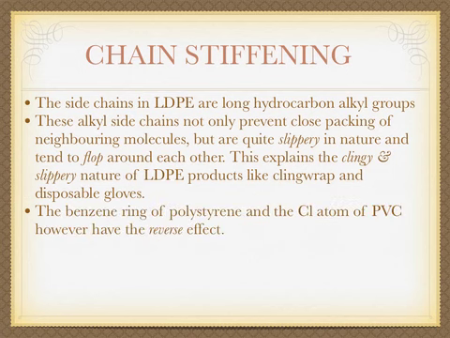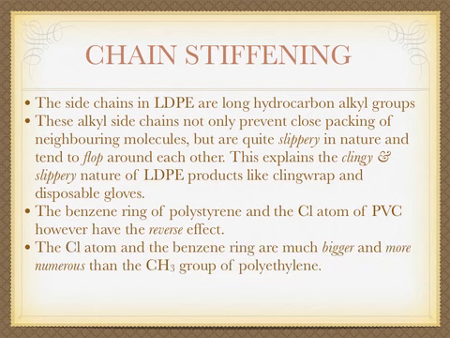However, if you have a side chain branch of another nature, such as the benzene ring of polystyrene or the chlorine atom of PVC, we actually see that these side chain branches have the reverse effect. You see, the chlorine atom and the benzene ring are much bigger than the CH3 group of, say, polyethylene.